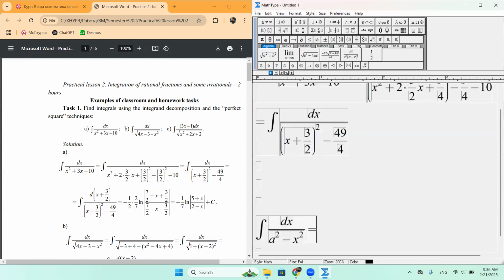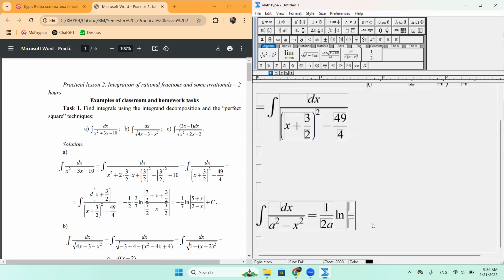And it equals 1 by 2a logarithm of the module of the following fraction, a plus x over a minus x, plus c.